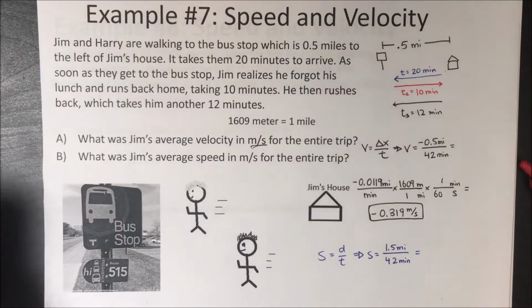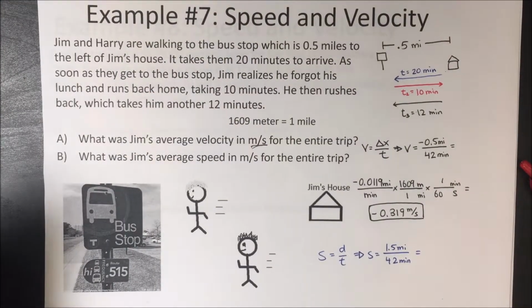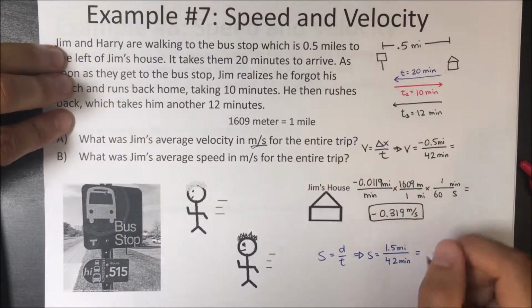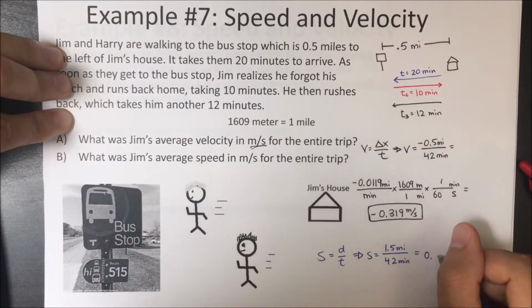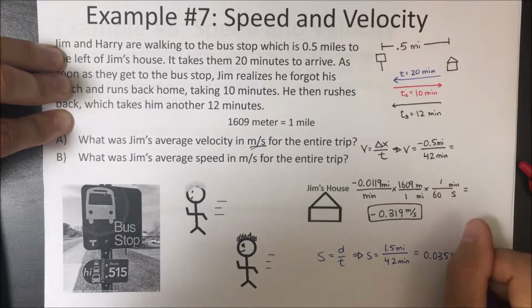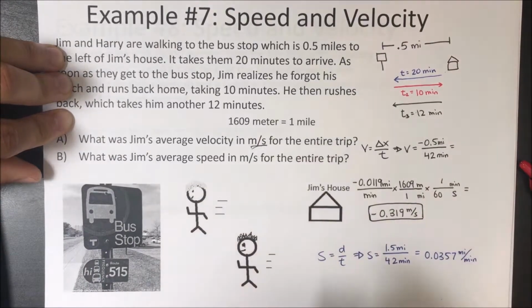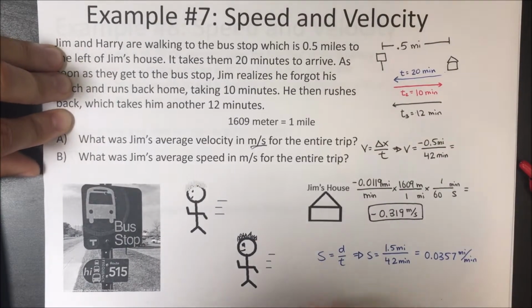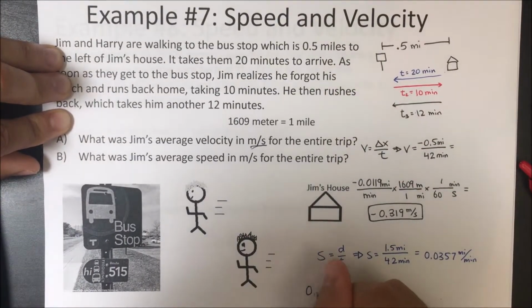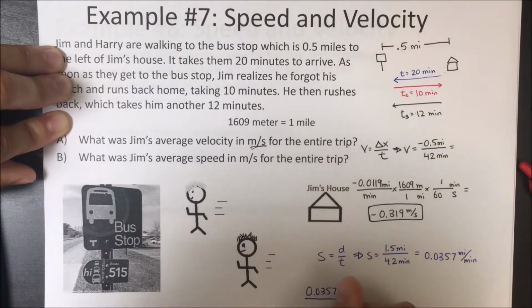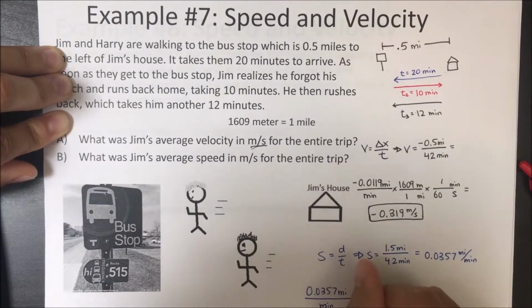And what we get for this is 1.5 divided by 42, which is 0.0357 miles over minutes. But we need to convert this to meters per second. So let's just put this over here. 0.0357 miles over minute.